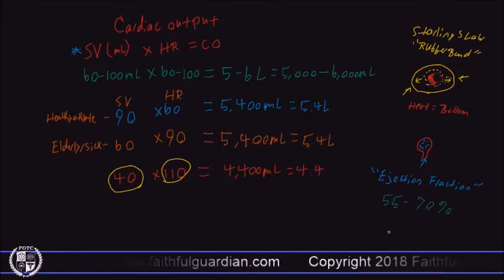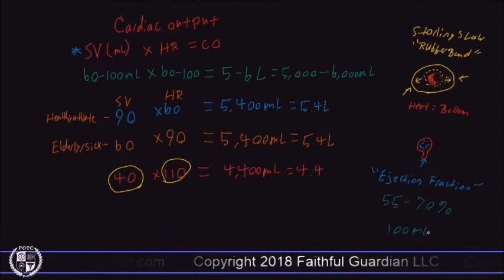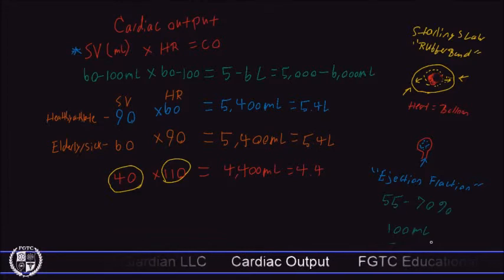So if my heart can hold 100 milliliters, then it is sending out anywhere from 55 to 70 milliliters with every single contraction. And so your ejection fraction is a very important factor in maintaining cardiac output.